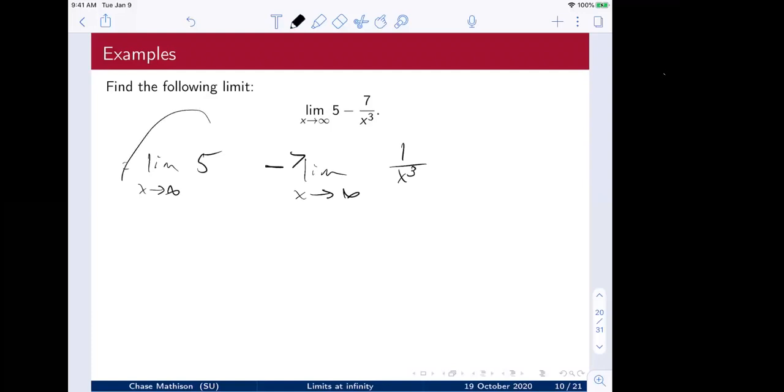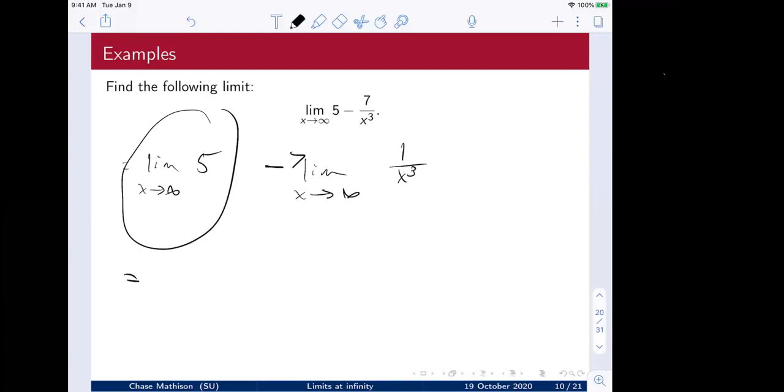So what's the limit as x approaches infinity of just the constant 5? Is that changing with x at all? Does 5 change with x? No. So will the limit do anything? No, this is still just 5, right? This isn't a derivative.